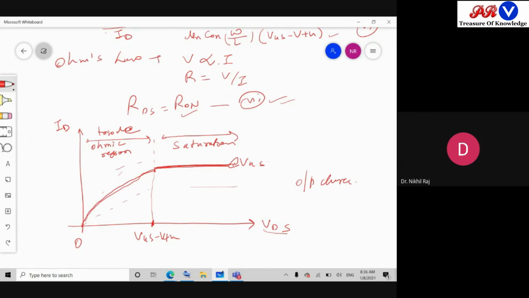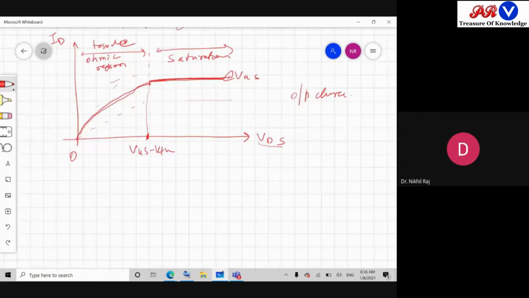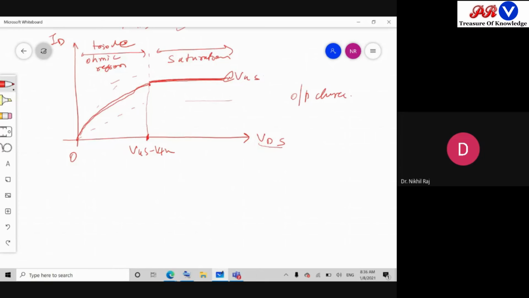Switching means charging and discharging, and the MOSFET has some parasitic capacitances which help in estimating the time constant. Since in this region it behaves like a resistor and there are some parasitics, we can easily compute the delay, how much time is consumed when the MOSFET is turned off, because we can now estimate the RC delay. Okay.